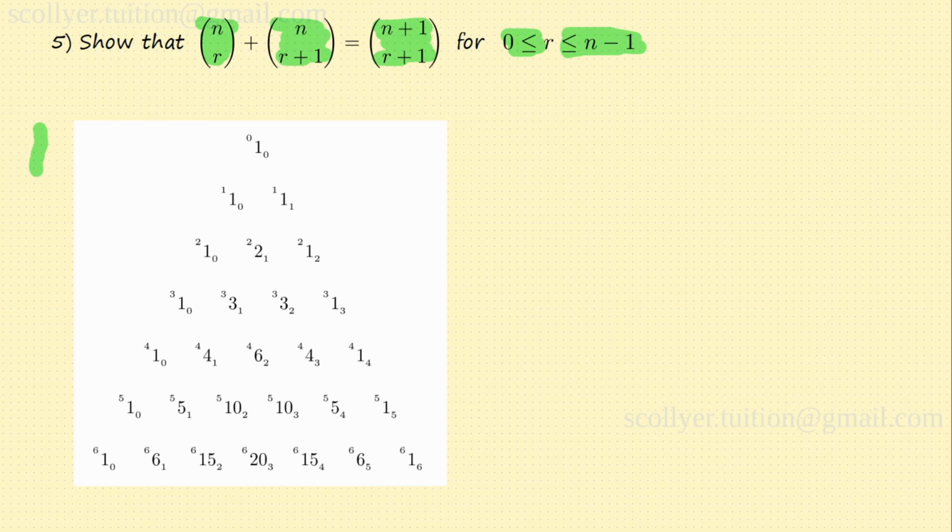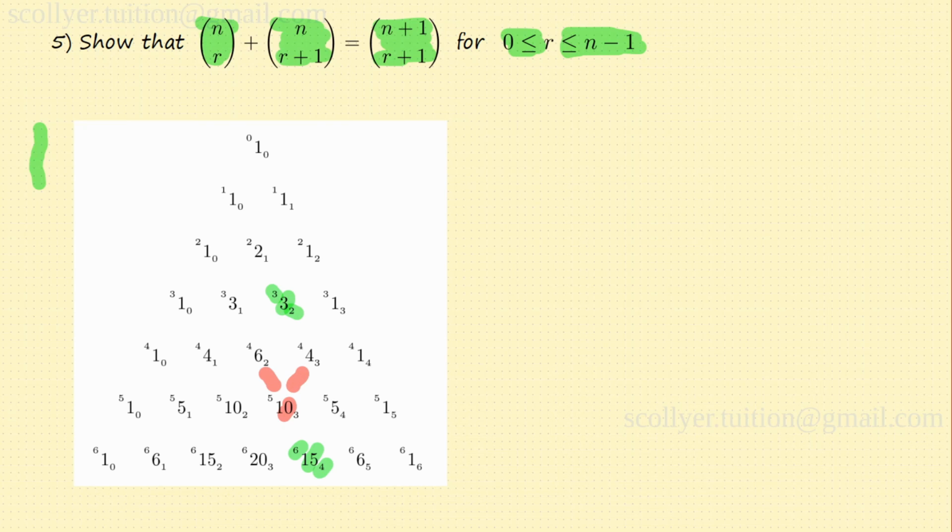So here I've shown Pascal's triangle with the elements annotated with their n value and their r value. So for example, 3 choose 2 is 3 and 6 choose 4 is 15. And we generate elements in this triangle by adding elements in the previous row. So, for example, 10 is 6 plus 4.